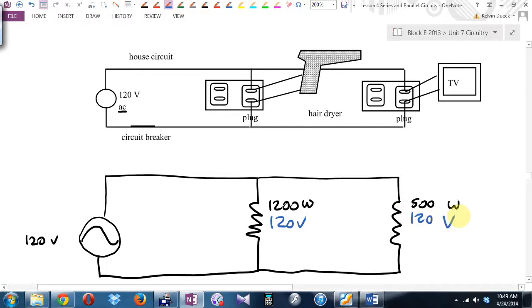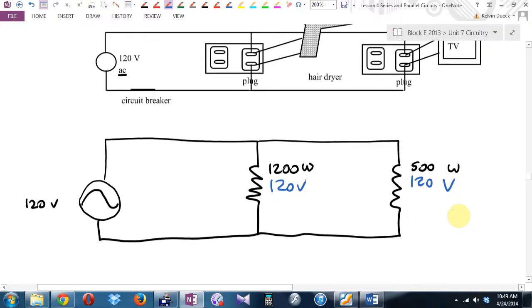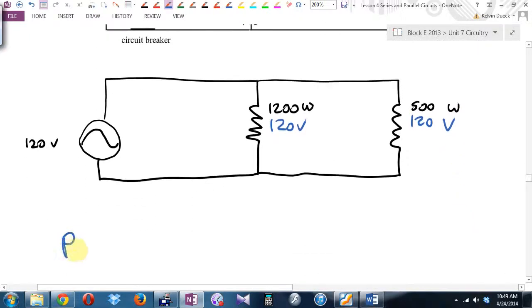Do I know 2 things now? Then I know 4 things. This time they gave us power, so I'm going to have to use power equals VI. That was Joule's law from two days ago. So can you get the I, because they're asking about current? Can you get the I by itself? How? More specific, I equals what?